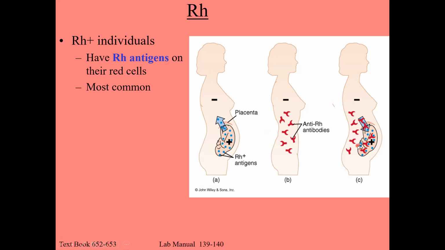Then she goes into the second pregnancy. First month, no problem. Second month, no problem. Third month, big problem. Why? By 90 days, at the beginning of the second trimester, the placenta is fully formed, and one of the things that crosses the placenta from the mother to the fetus is antibodies.